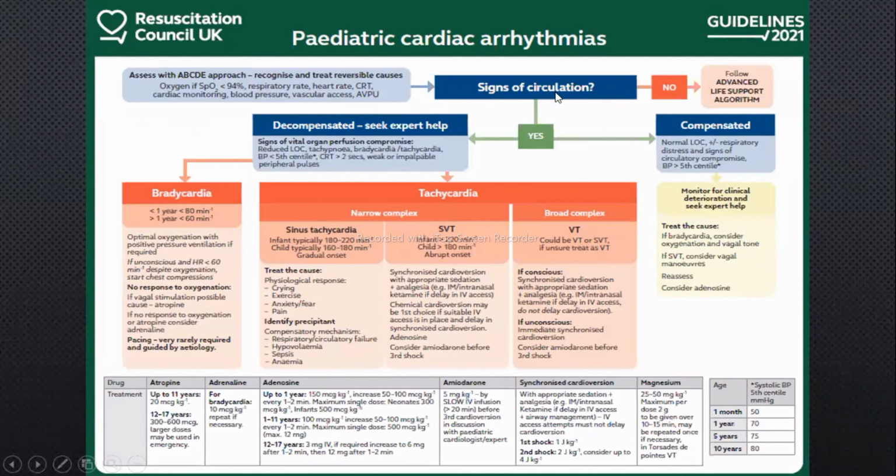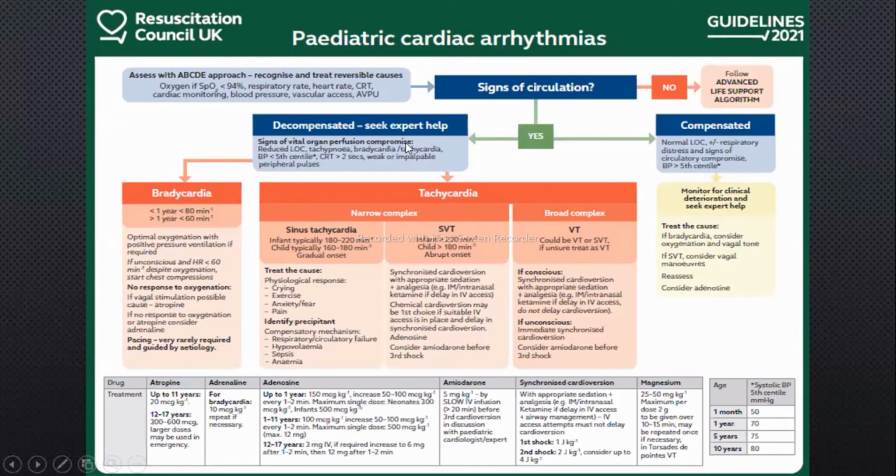So if you don't find signs of circulation, it means the patient is in arrest, and you have to follow the ALS or PALS algorithm. If the patient has signs of circulation but is decompensated, what does it mean?